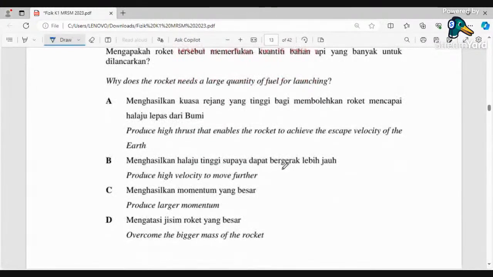Okay, why does it need a large quantity of fuel for launching? Because to arrive at outer space means the rocket needs to overcome the gravitational force of Earth. To overcome that, it requires very high momentum, of course, very high energy, very high thrust.